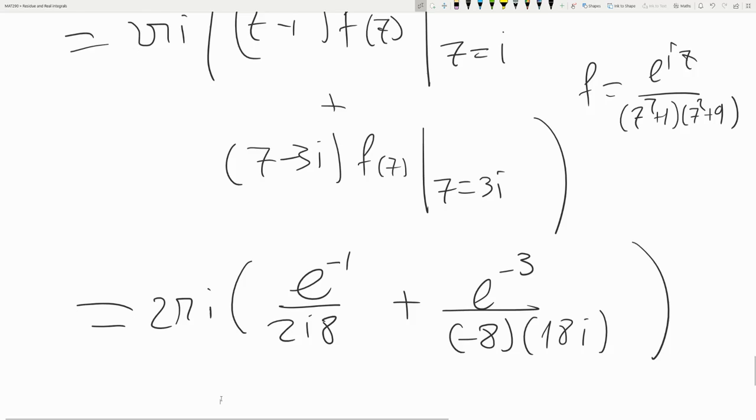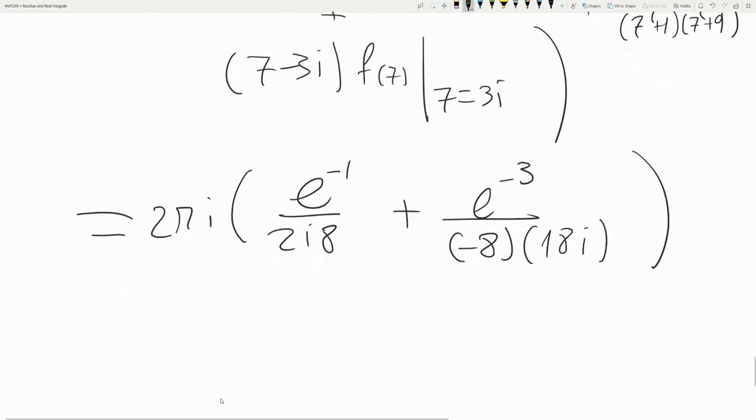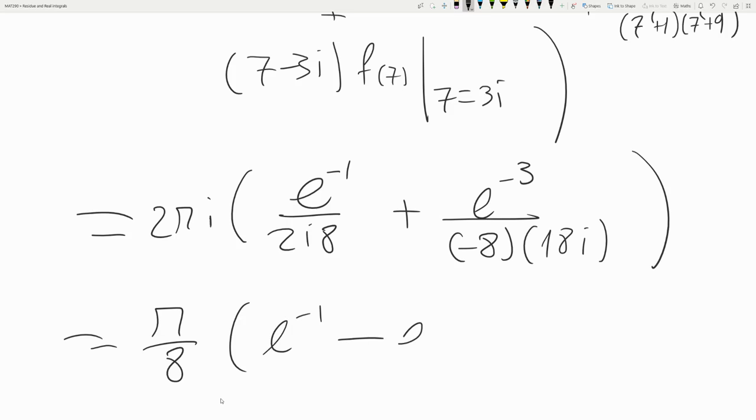So these are the two residues, and then you put them together: pi over 8 times e inverse minus e to the minus 3 over 9.